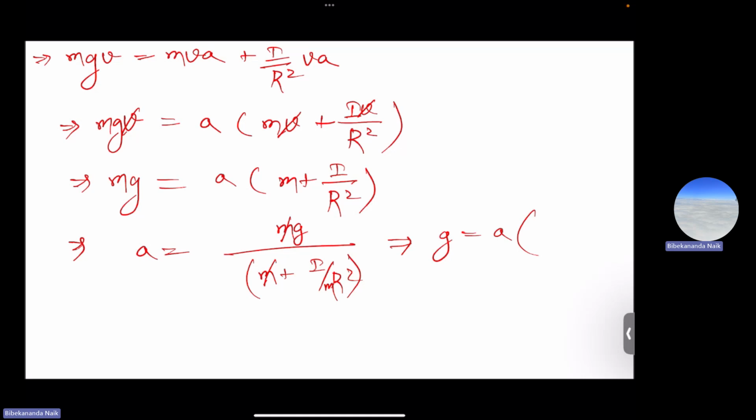It will be g equals to a into 1 plus I divided by m r square. That implies g by a equals to 1 plus I divided by m r square.